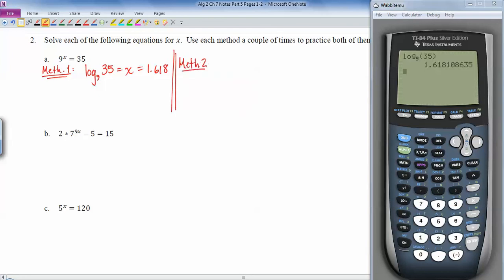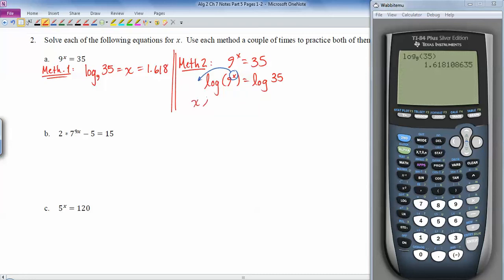Okay. Now, let's just do this one both ways. Method 2. 9 to the x equals 35. So imagine for a minute that the only button you had on your calculator that was related to logs was the regular log button. So all you can do now is take the log of both sides. Okay, now the nice thing about this is that power will come right down in front.